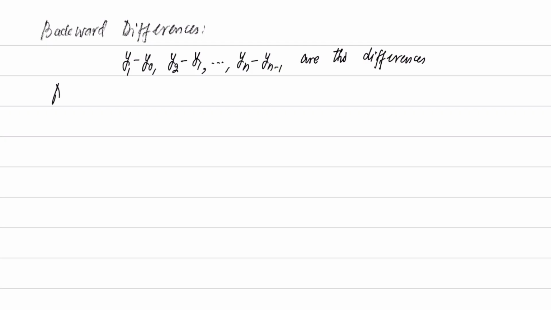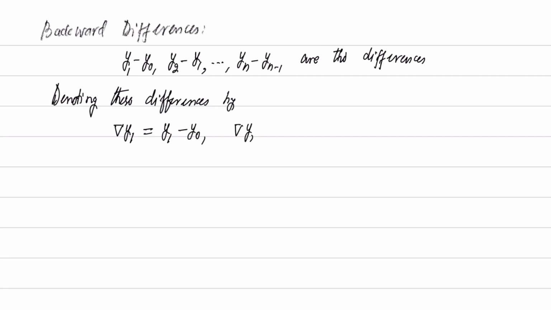Now denoting these differences, we will denote the first difference by delta y1, which is equal to y1 minus y naught. Similarly, delta y2 is equal to y2 minus y1, and so on.